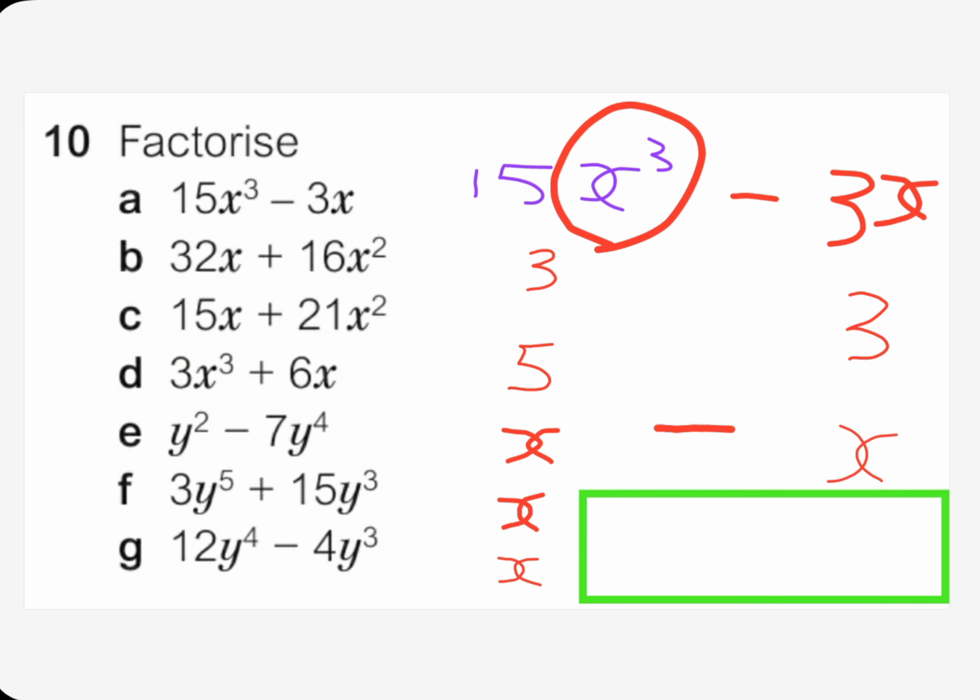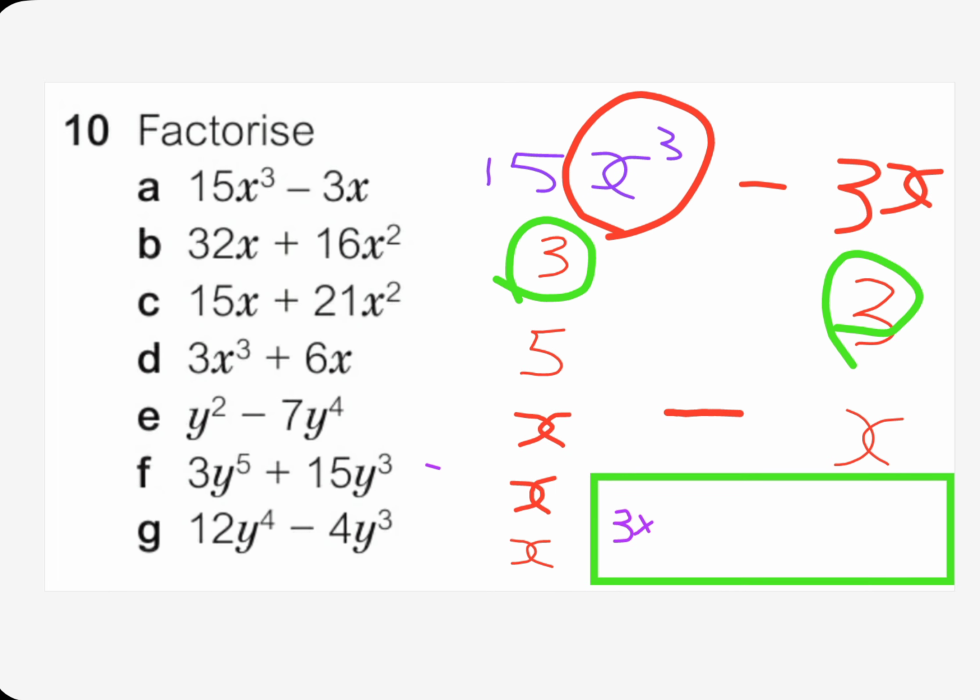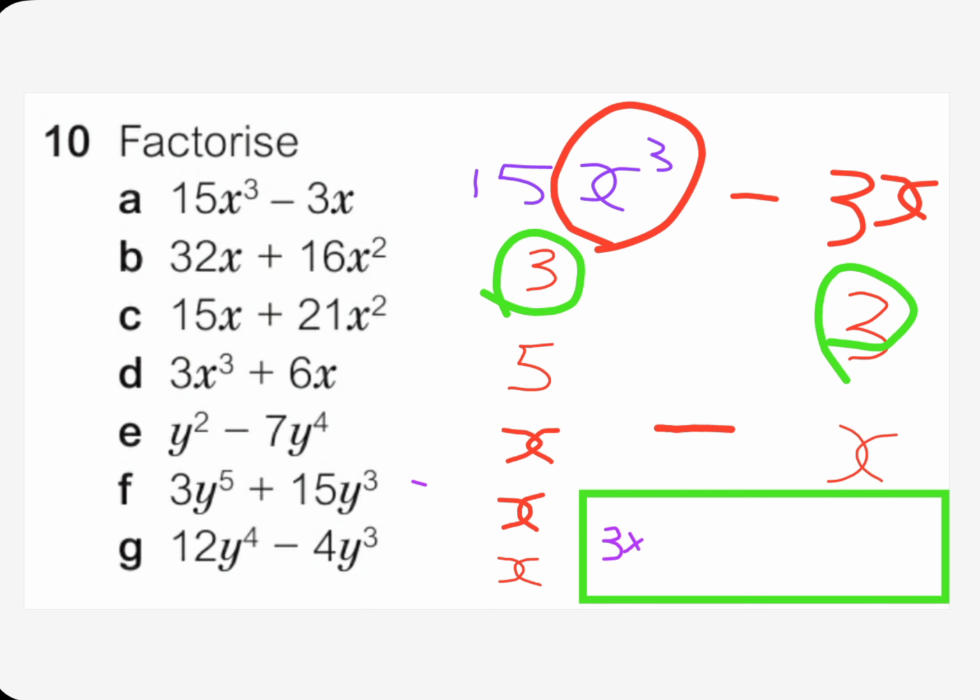Now, what do we do first? As I said, you take what's common here. We have a 3, and you take it and you write it here. So we have 3. And then multiply by what other things are common? We have x. Good.